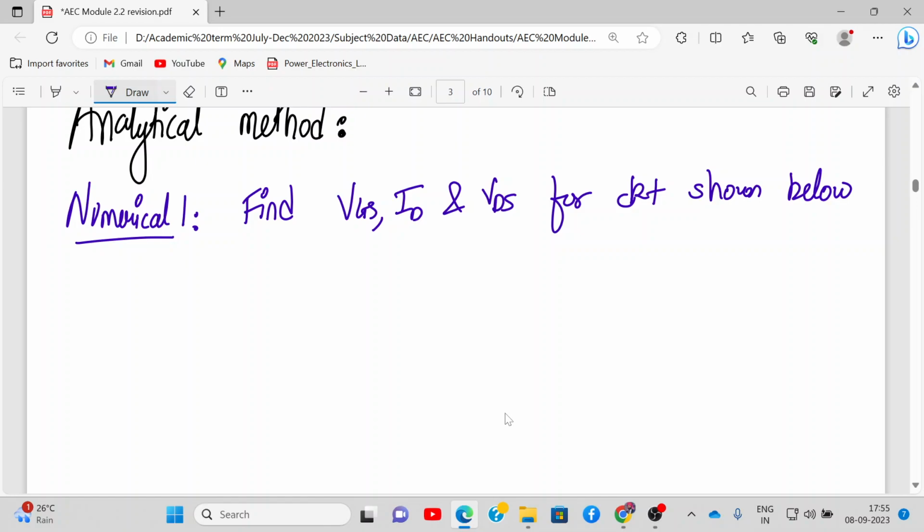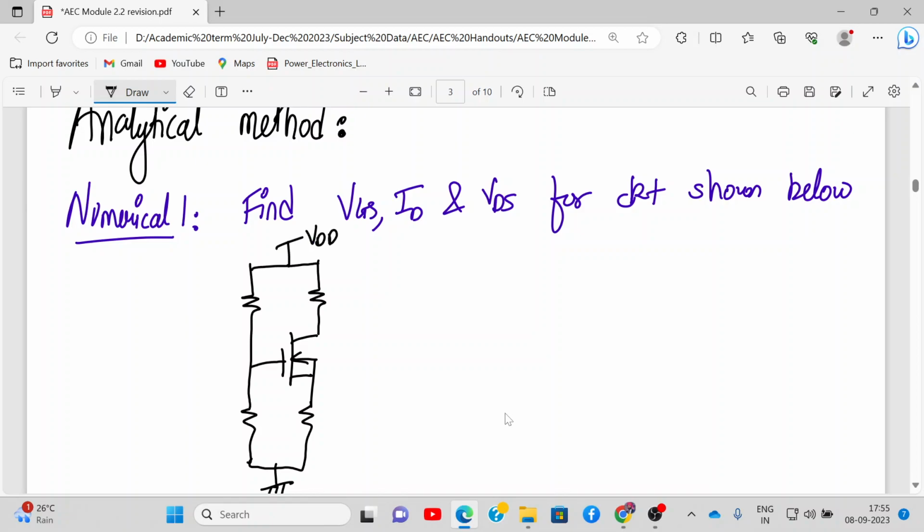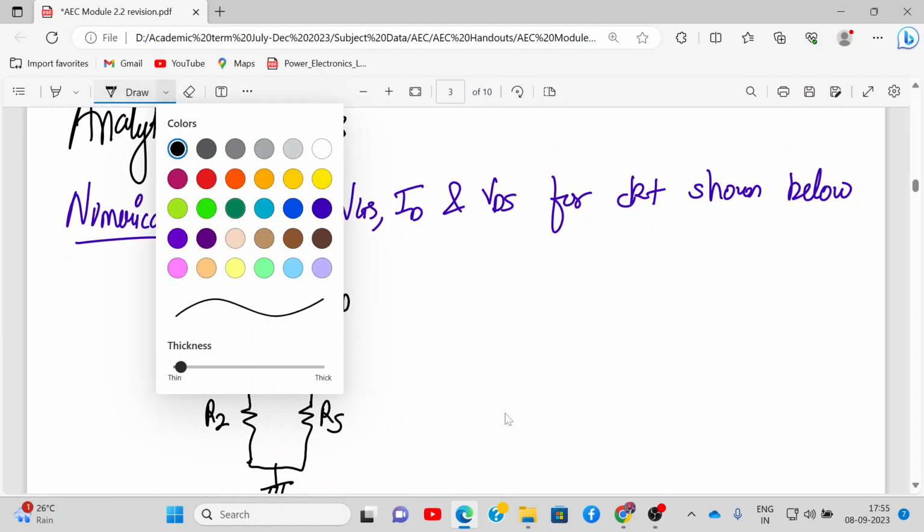Okay, so please draw the circuit. Draw the voltage divider biasing. This is my gate terminal, this is my VDD, R1, R2, RD, RS. The values given are as follows.